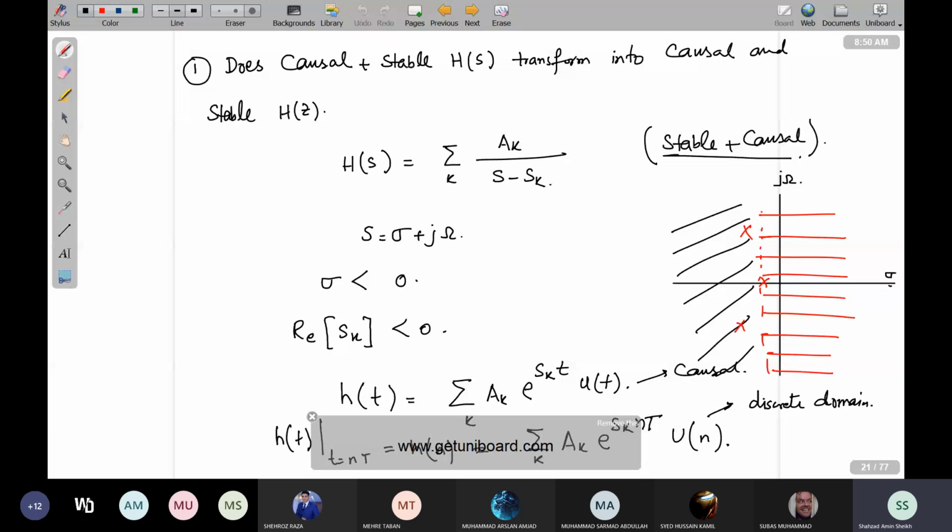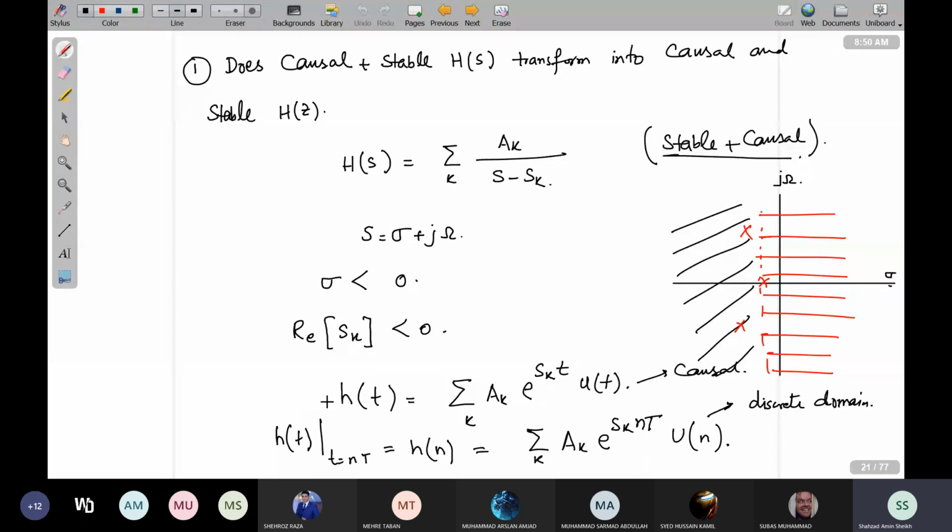If that is the case, then sigma, in s equal to sigma plus j omega, or real of s plus j imaginary of s, so real of s_k will be less than 0, or sigma is less than 0. So these are the things which are known.